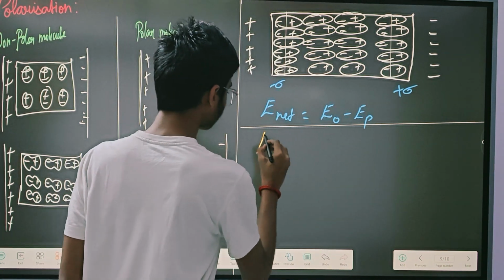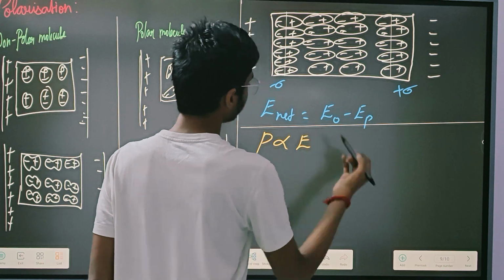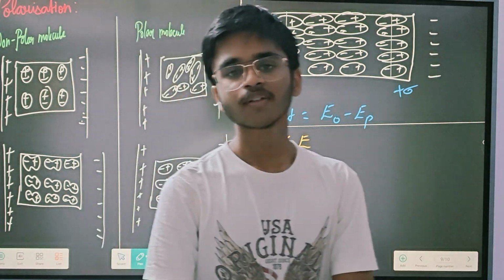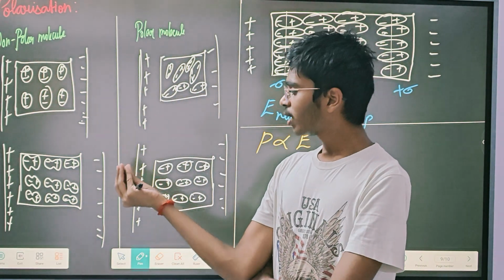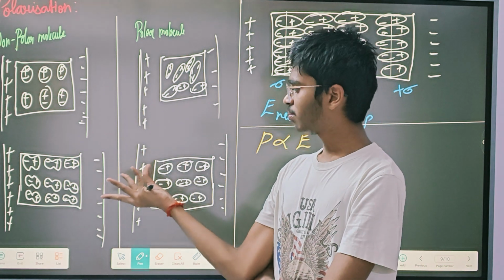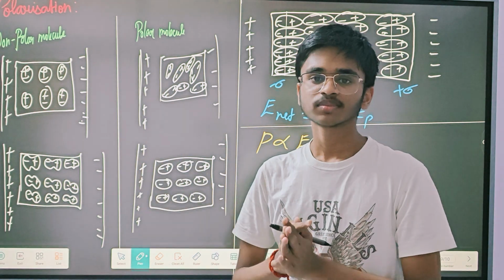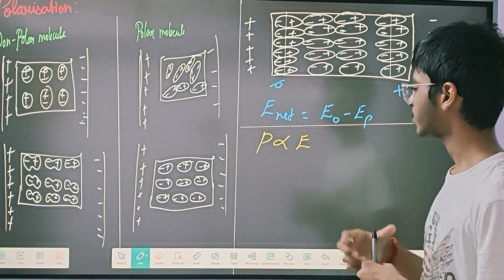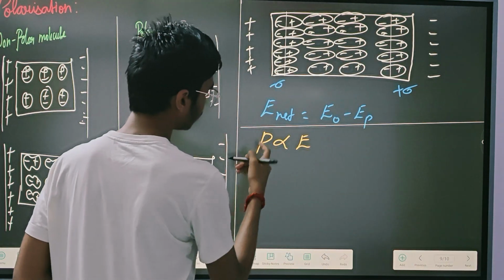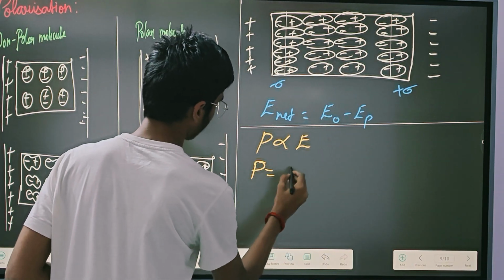Okay, so polarizability is directly proportional to electric field intensity. If you want to arrange the molecules, you need a lot of polarization, which means the electric field will also be very high. So in order to make it a formula, we have to apply a constant.